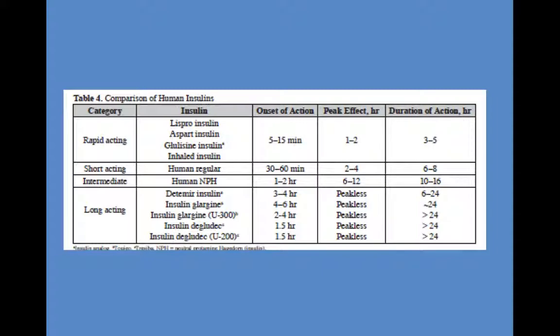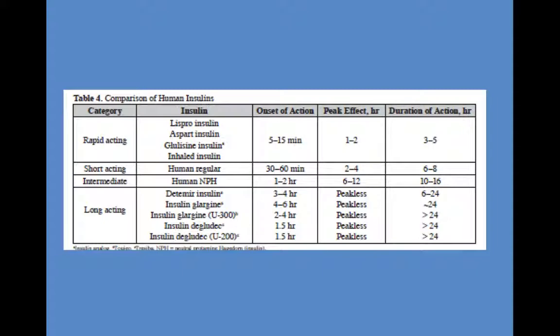So where you're going to see these again used, rapid acting is mealtime. That's its only benefit. It works for the meal, and then it's really gone by the time you're checking your postprandial blood sugars. Short acting can be used for mealtime, especially for patients who can't afford the rapid acting, because again they're all name brand.